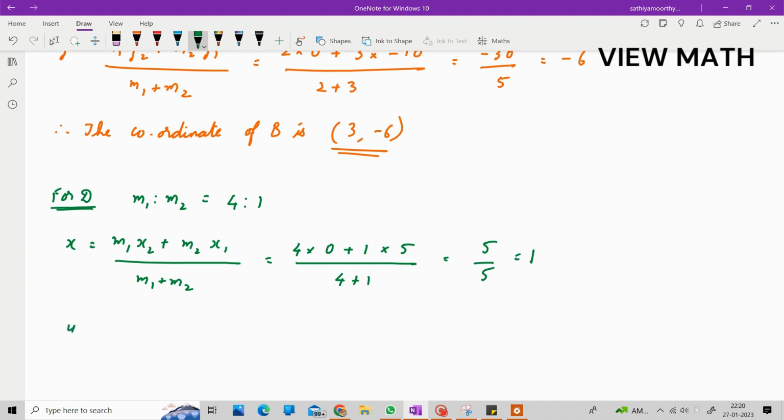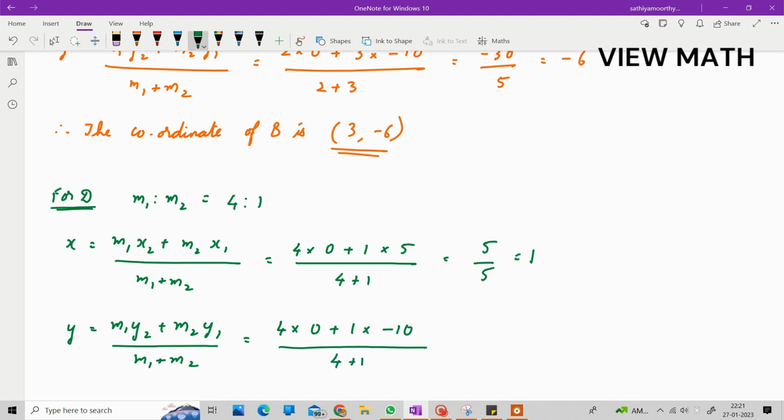Now let me find the Y coordinate using the section formula: (M1 Y2 plus M2 Y1) by (M1 plus M2). Substituting the values, M1 is 4, Y2 is 0, plus M2 is 1 into Y1 is minus 10, divided by 4 plus 1, is equal to minus 10 by 5, which is equal to minus 2.